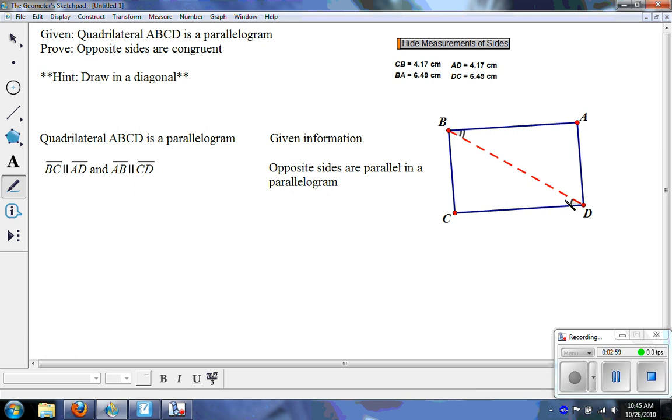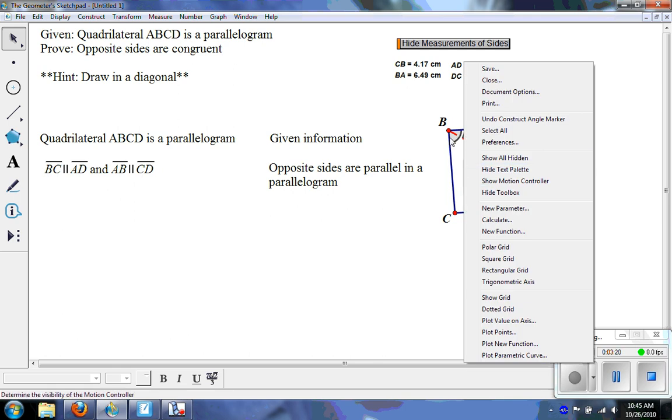Now I know that if I have alternate interior angles, they will be congruent. Now I can mark them, and if I want, I can measure them.